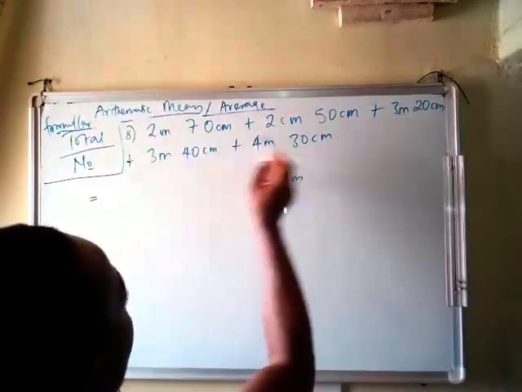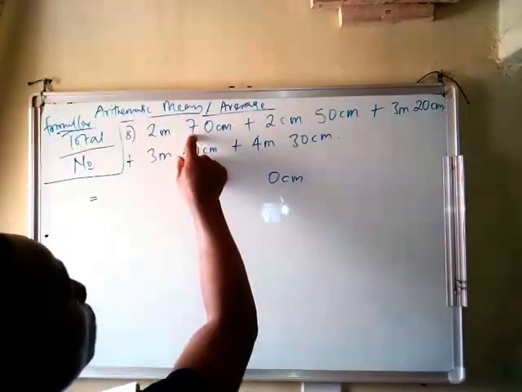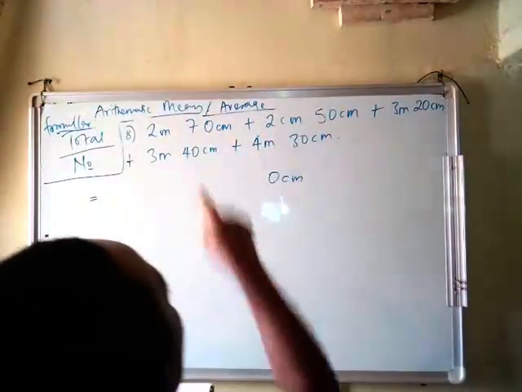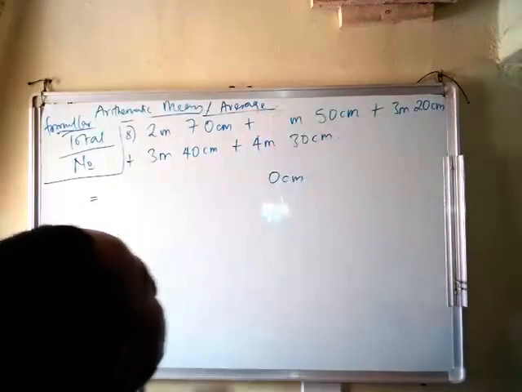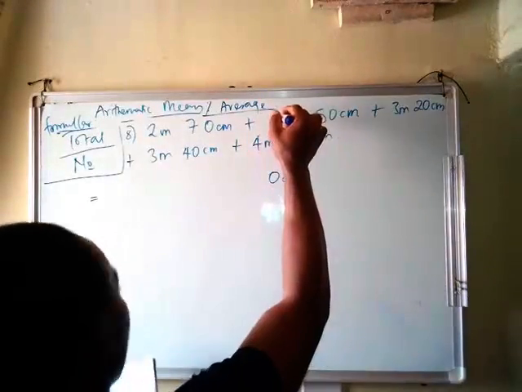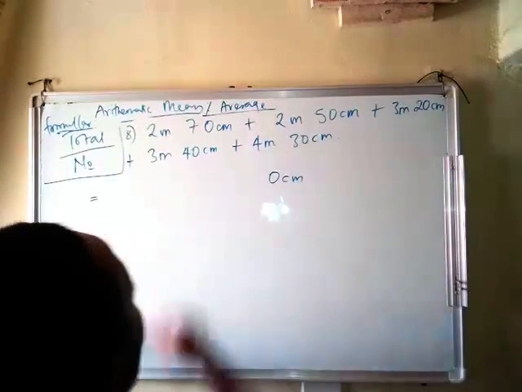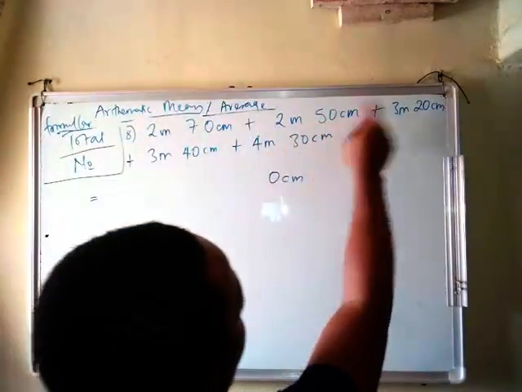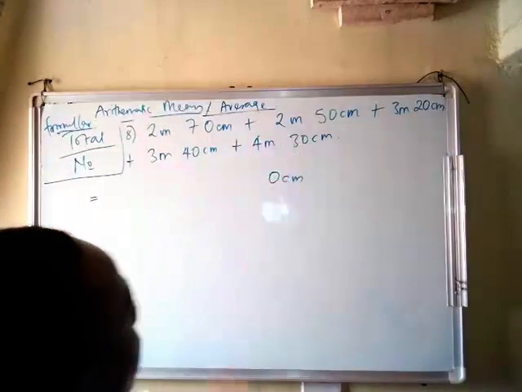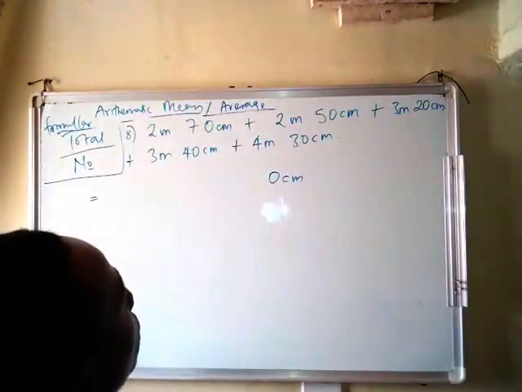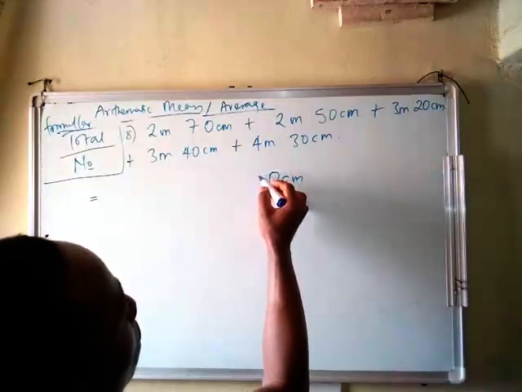So I'm going to safely clean this because I initially had written centimeter before. Okay, so 7 plus 5, 12. 12 plus 2, 14. 14 plus 4, 18. 18 plus 3 is 21. Yeah, so we have 210 centimeters.